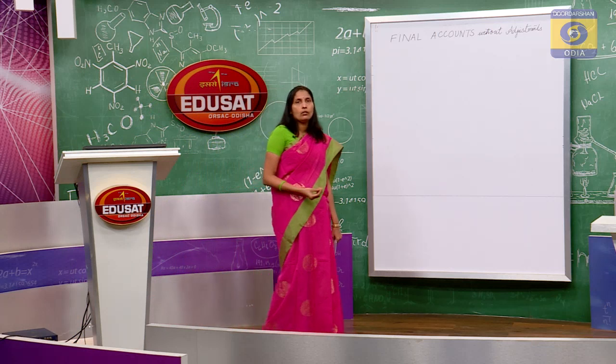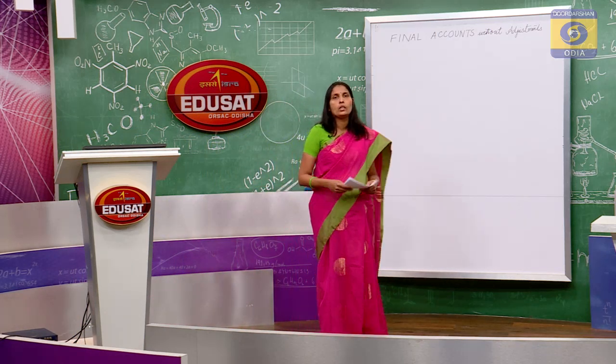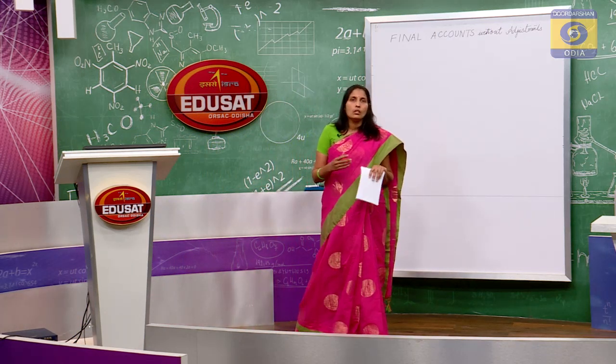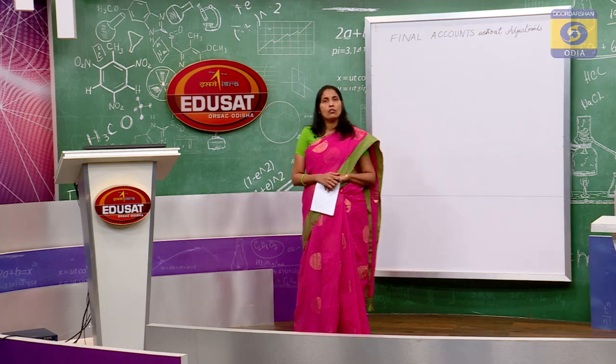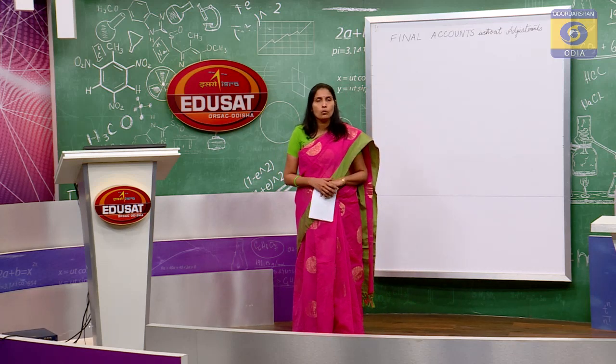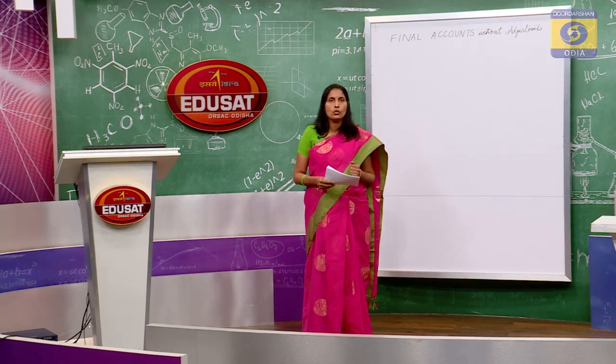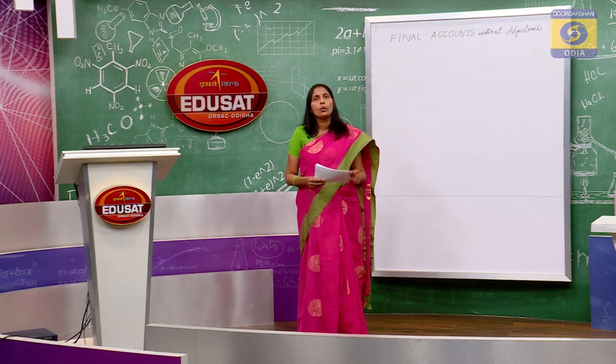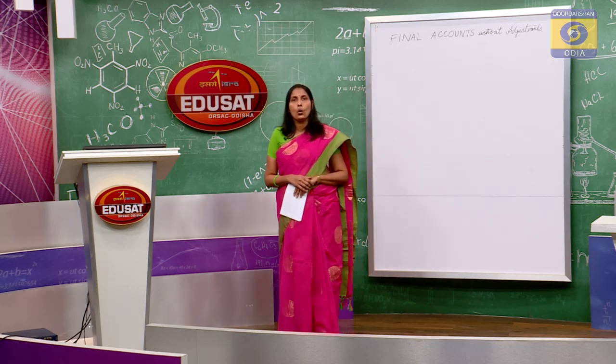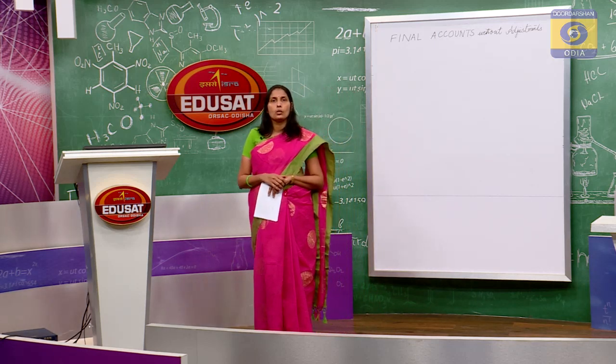If you come across any kind of office expenses, selling expenses, financial expenses, or other expenses like maintenance expenses, they will all come to the debit side of the profit and loss account.